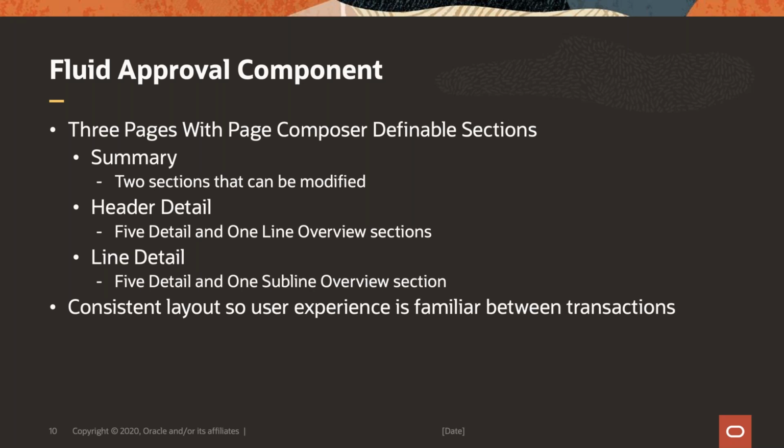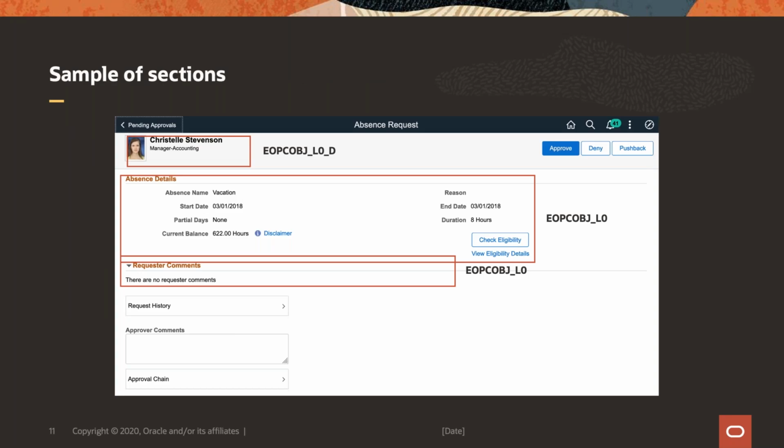Consistent layout, so users' experience is familiar between transactions. The other thing that I'll mention here is that this is the large form factor, but Fluid Page Composer allows you to set up these sections to be different based on the form factor that you have, and we're going to see that.